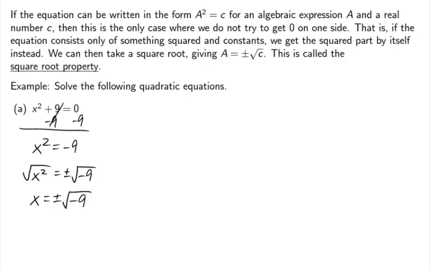Yes, there are some techniques, and we'll study them later, for dealing with square roots of negative numbers, but at the moment, I'm just going to say no solution immediately. It's just not possible to get a value out of this expression. At least not a real value.